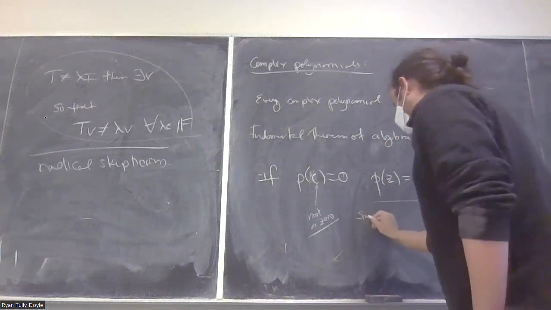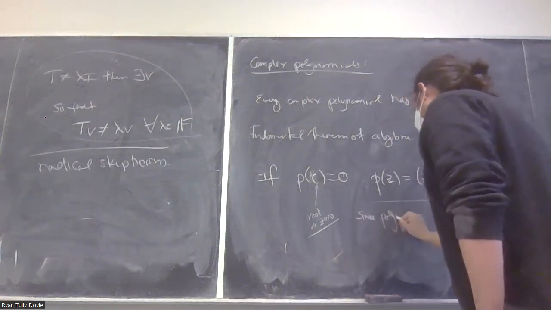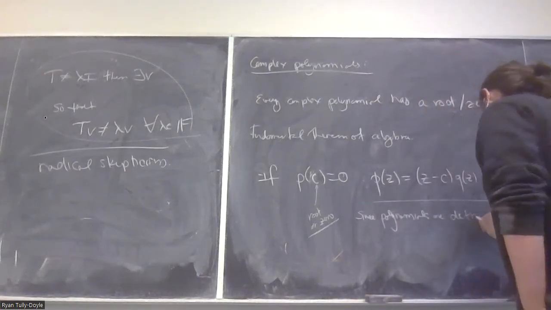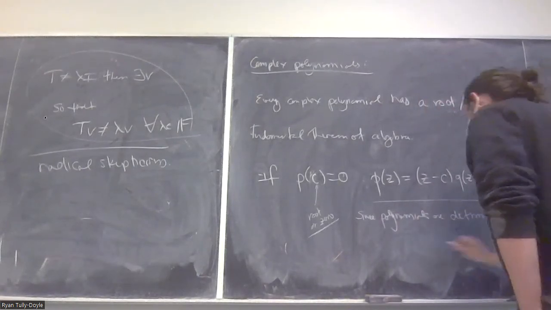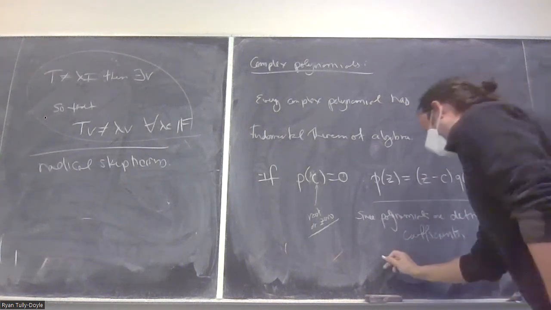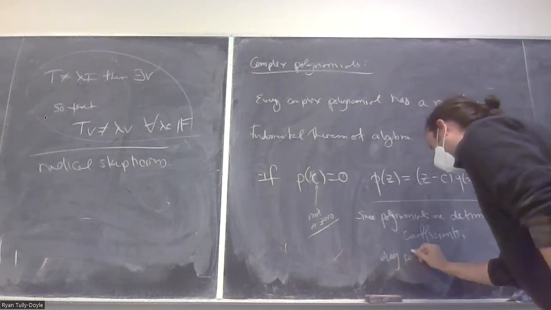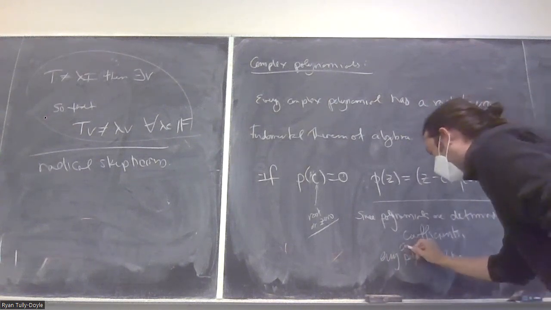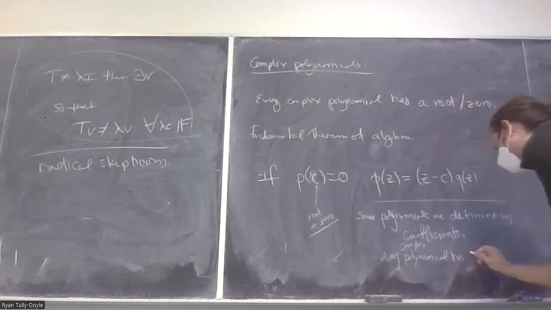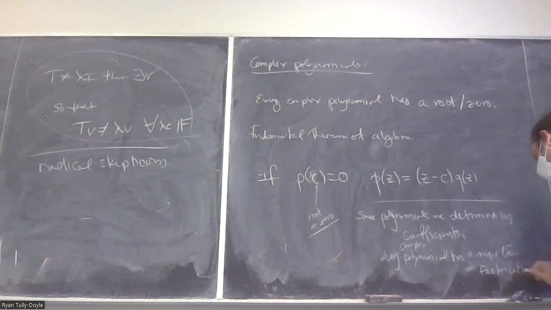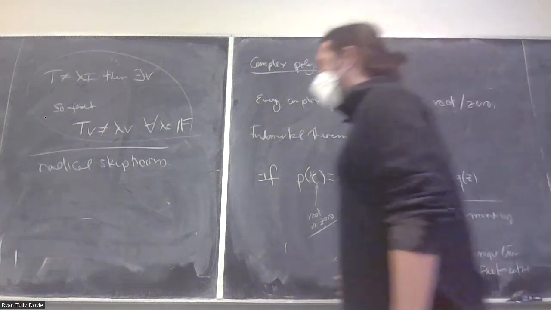So every complex polynomial has a unique linear factorization, which is an incredibly useful fact that is not true in the reals.